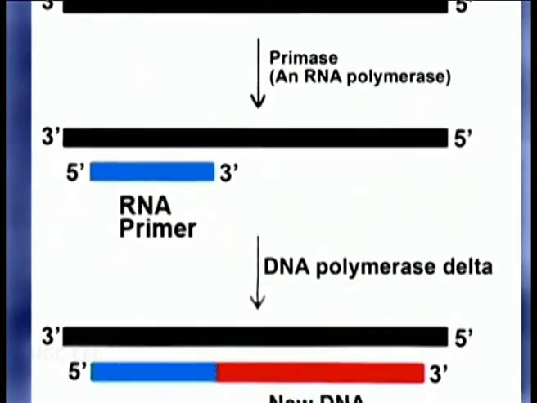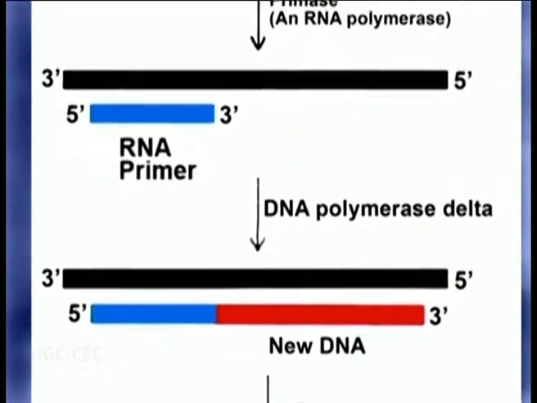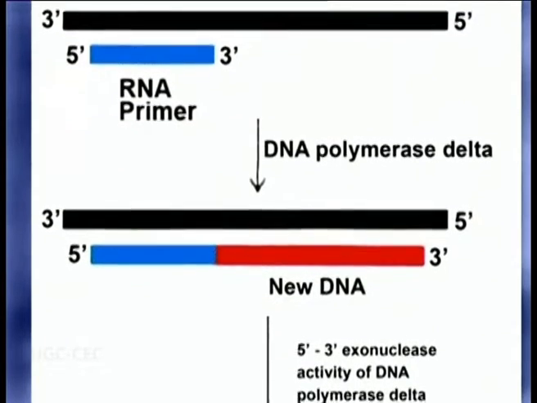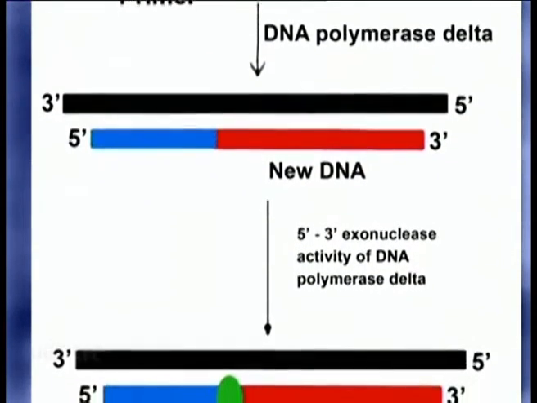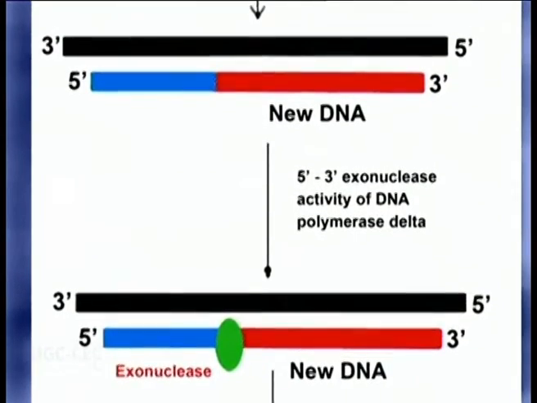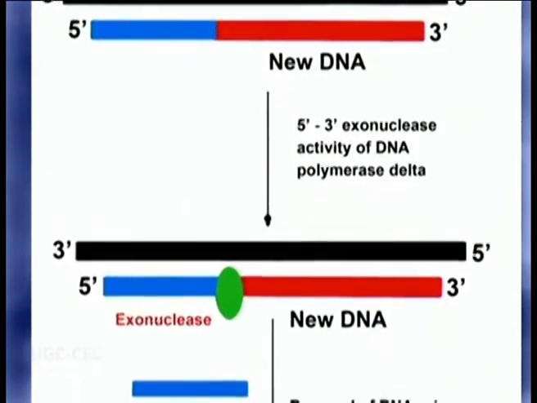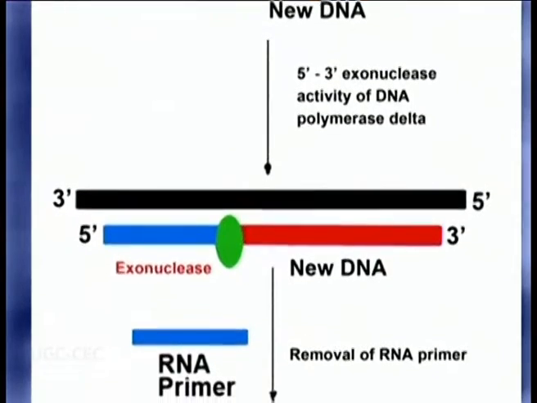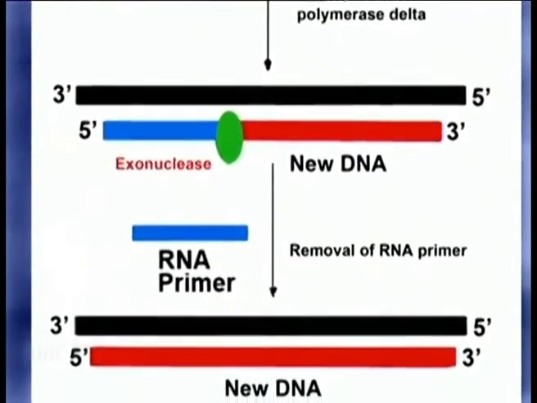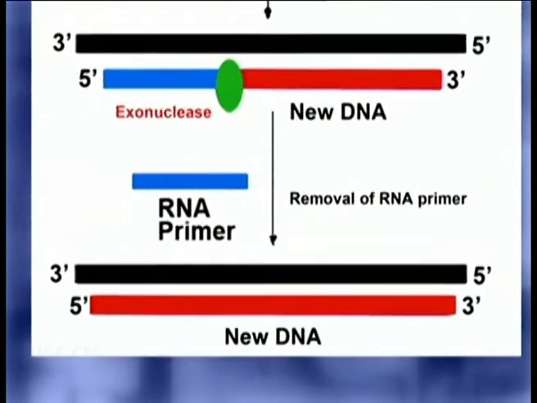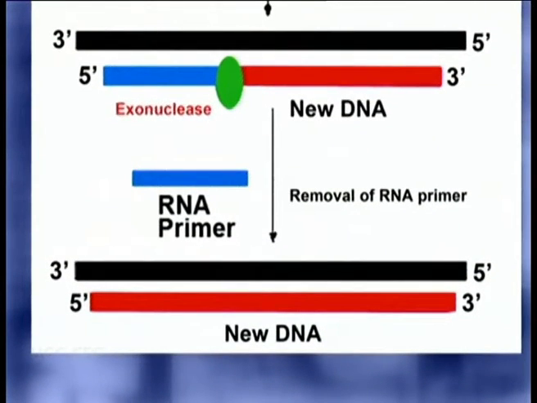DNA polymerase delta uses the short stretch of available RNA to initiate DNA synthesis in the 5' to 3' direction. The 5' to 3' exonuclease activity of DNA polymerase delta removes the RNA primer from the newly synthesized DNA strand.